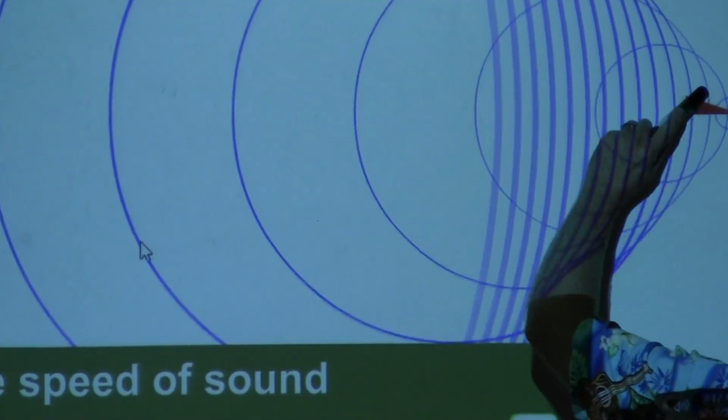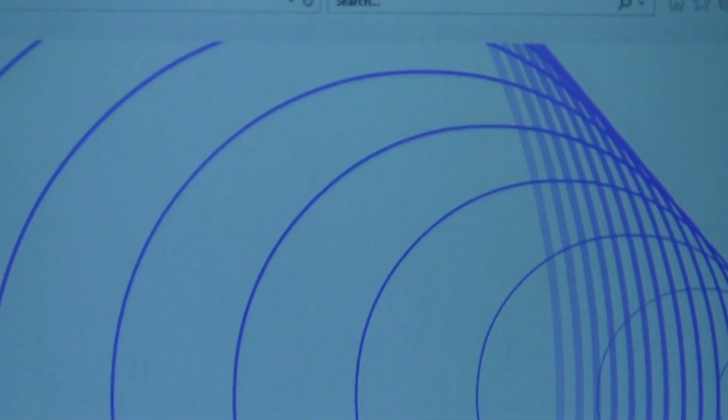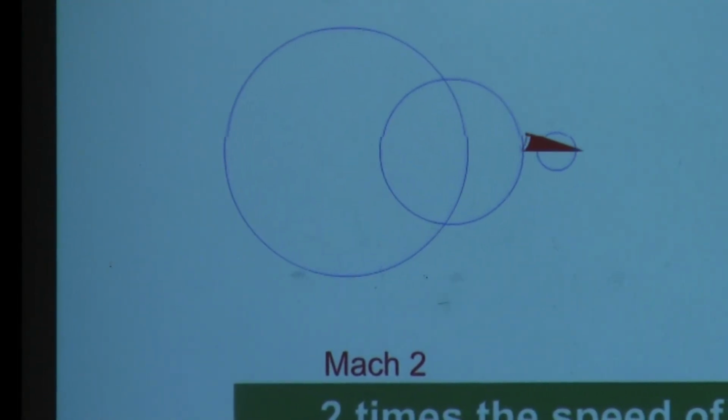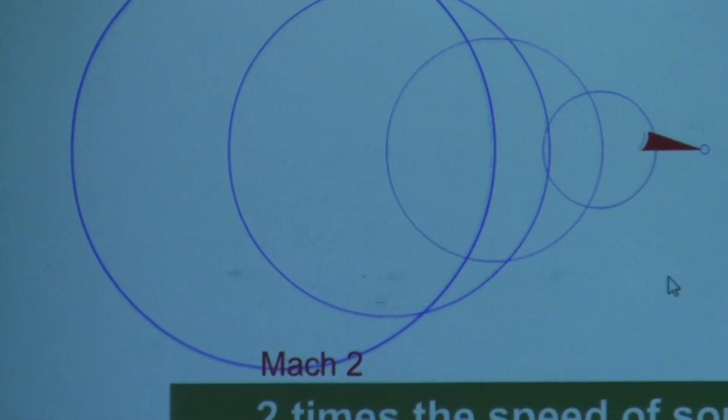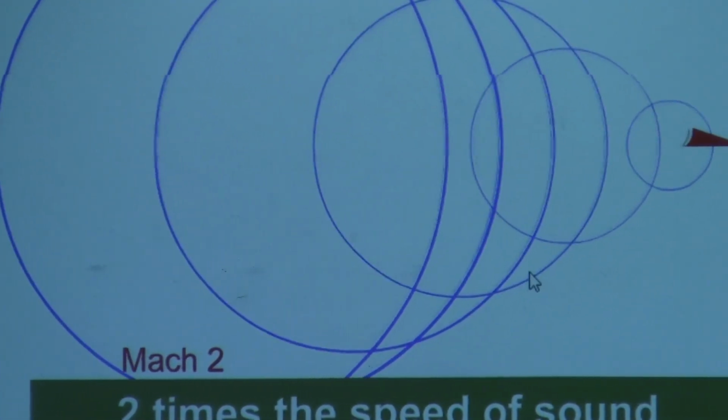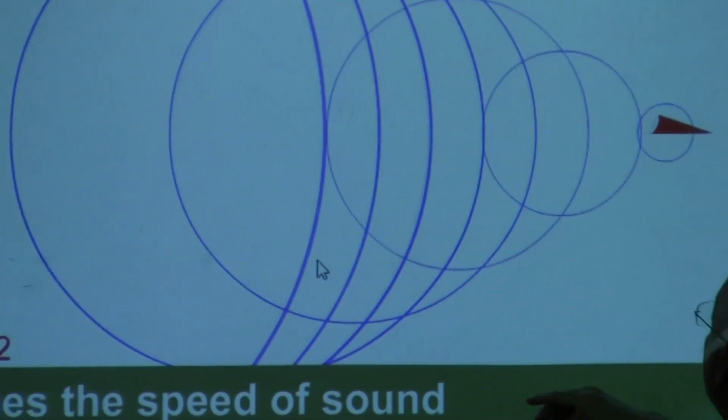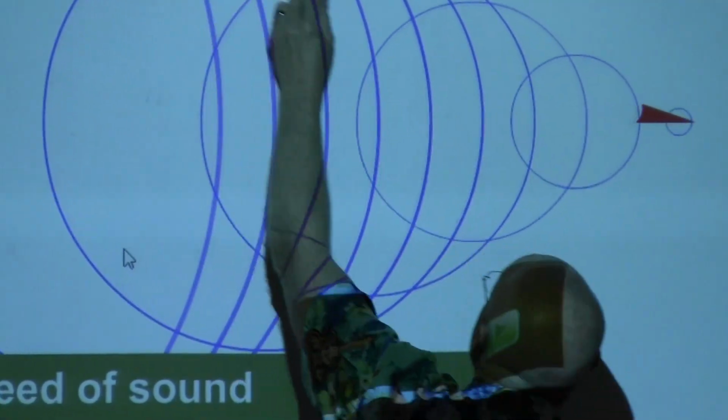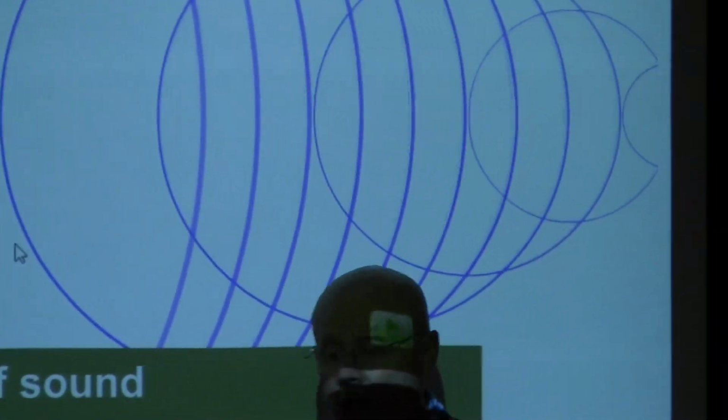But do you see how it's making a superposition in kind of a wedge shape? Planes should never fly at the speed of sound because they make their own wall. But once they go faster than the speed of sound, so this is Mach 2, their superpositioning makes a V shape.